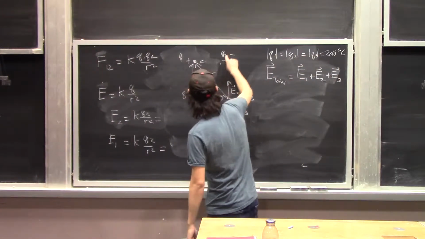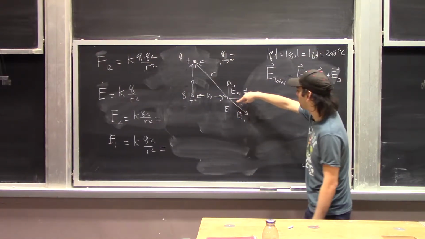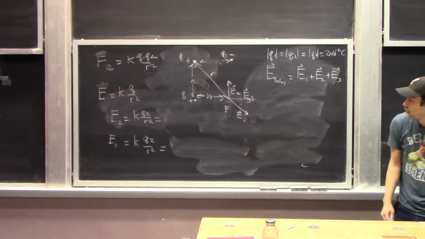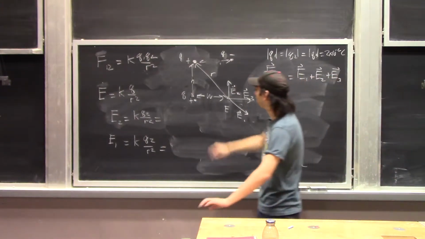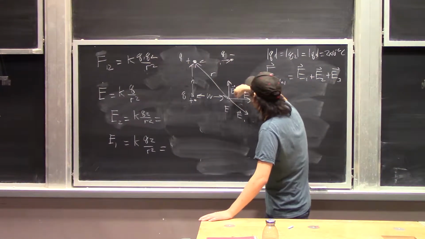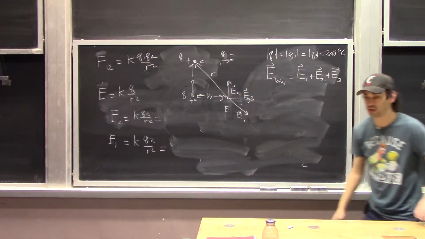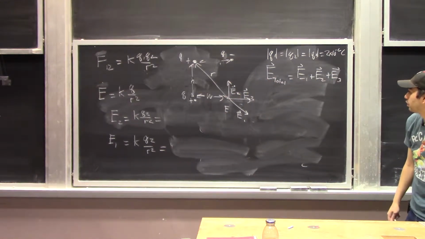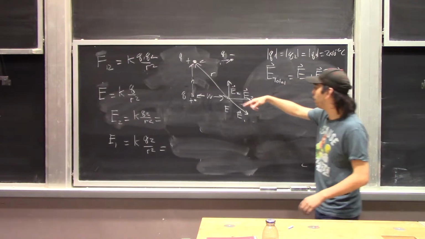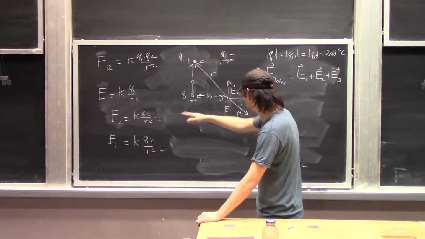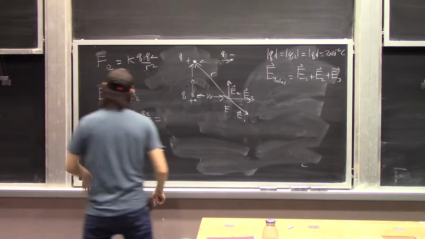Okay? And what we want to do again is find the electric field at this point. Now because I kept this positive, positive, negative, the direction of the electric fields is going to be the same, it's just the magnitude that might be a little bit different.